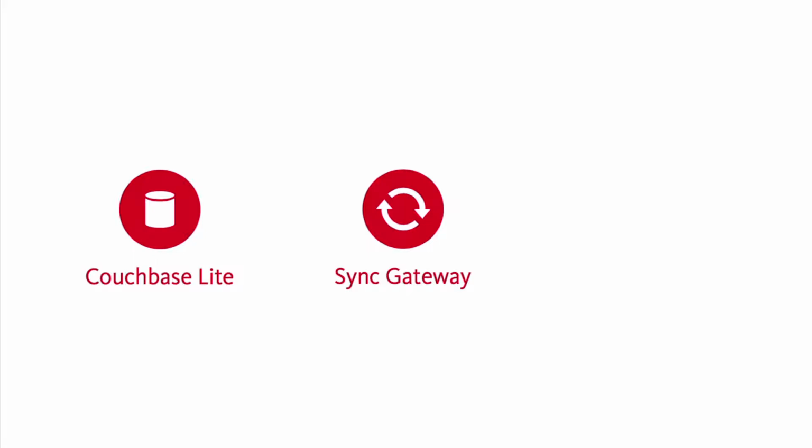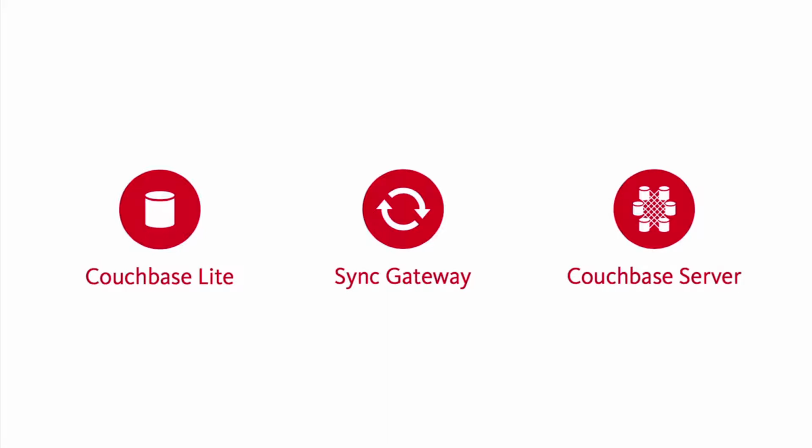Another part of Couchbase Mobile is something they call the sync gateway. And what this is, is a middle tier, middleware server technology that your Couchbase Lite clients can use to then aggregate out or talk to the full-blown Couchbase Server, which is their main product, their NoSQL database, distributed document-based database. That's what they have.